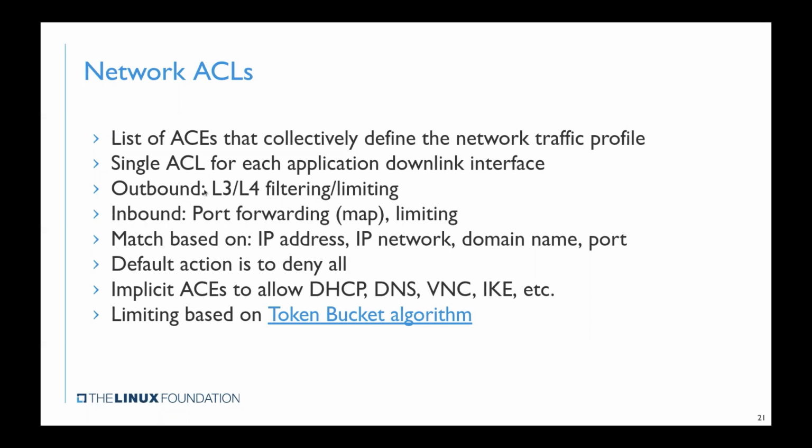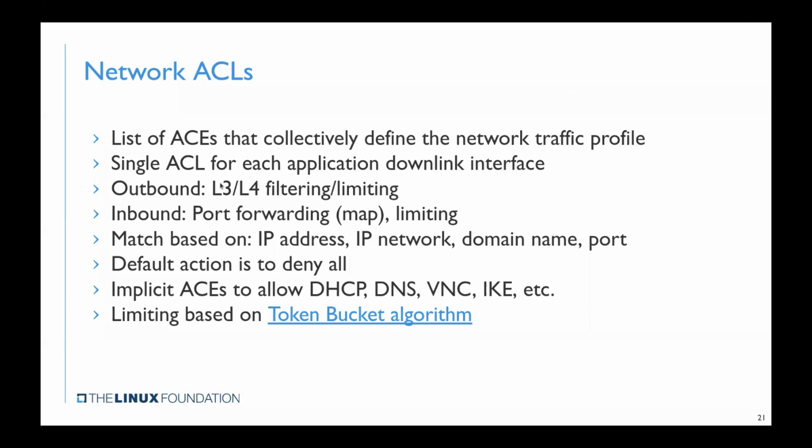Outbound means that this is from the application point of view. So outbound is for traffic that originates in the application and goes out towards external endpoints. In this case, you can apply ACEs which then do some filtering or bandwidth limiting. Each of these access control entries is composed of some match rules.